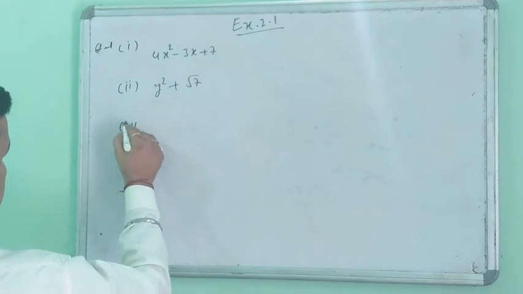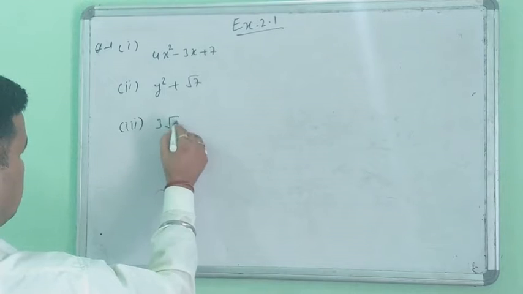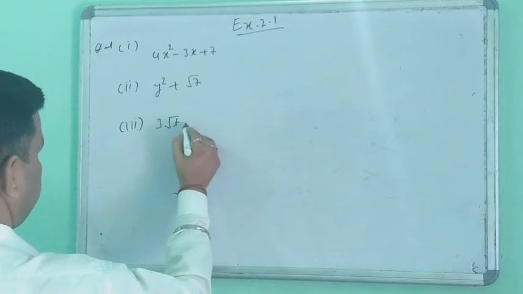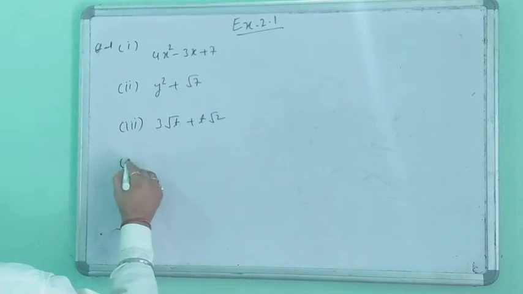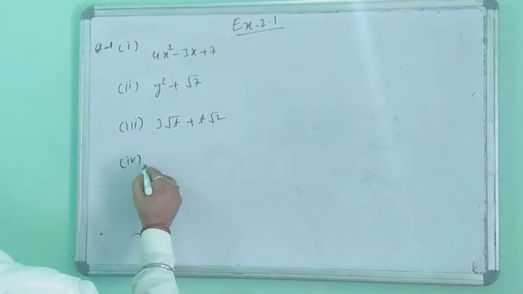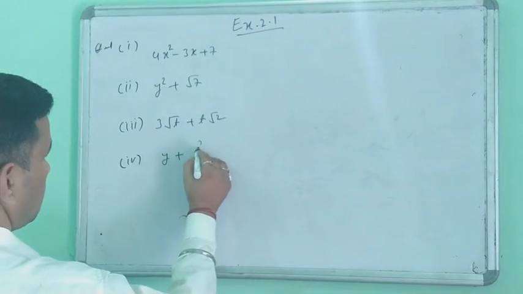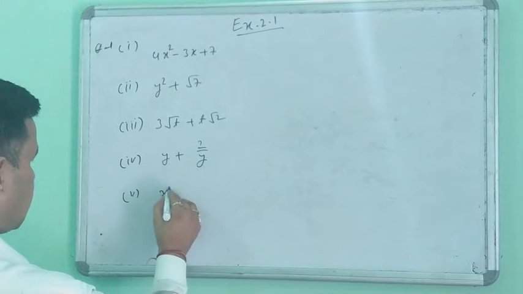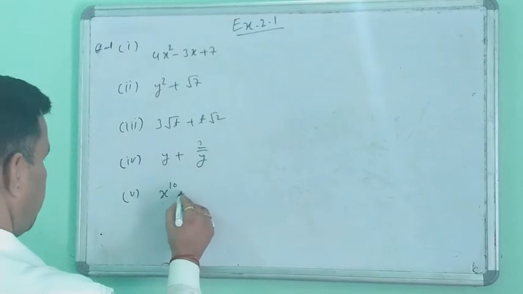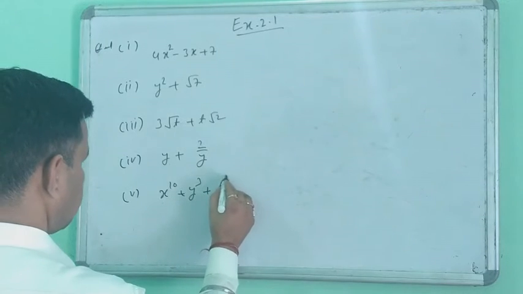The third part is 3 root t plus t root 2. The fourth part is y plus 2 upon y. And the fifth part is x exponent 10 plus y exponent 3 plus t exponent 50.